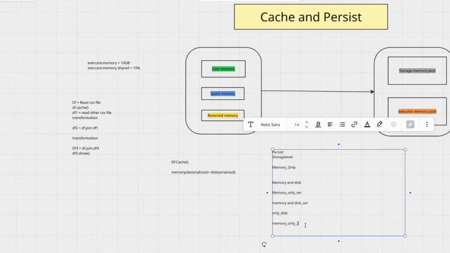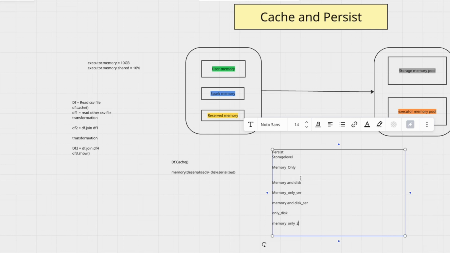For example, you have created some complex logic, a data frame which holds very complex calculated or logical data, and that data frame is going to be used in multiple transformations inside the application. You don't want that data to be lost, or you don't want Spark to use the DAG and recreate the data. In that case, you can have two replications of that particular data. In all the other cases, you will have only one replication.